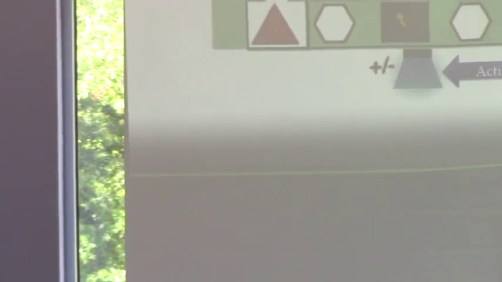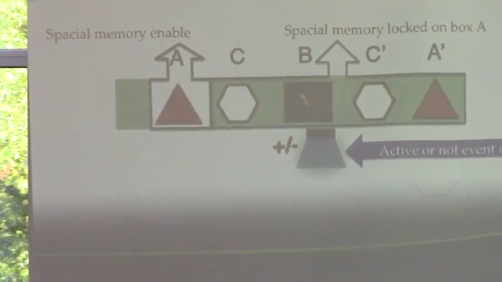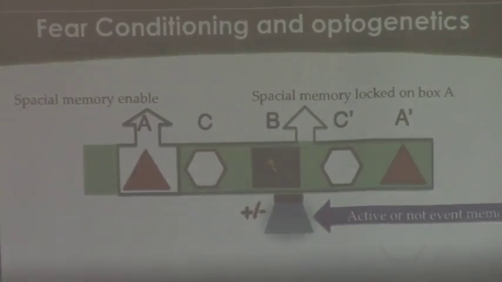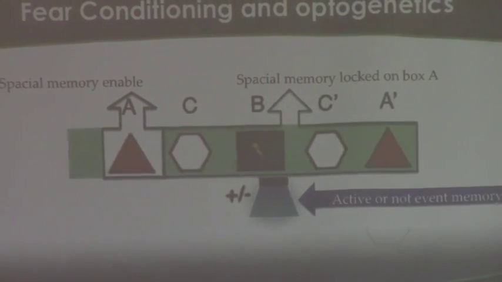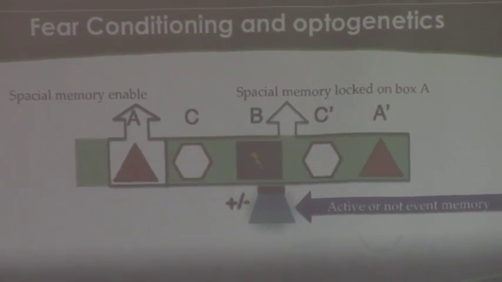We take the same method, but we put another box. It's the C box, and we activate or not the event memory. The event memory is the shock. It's really fear behavior.